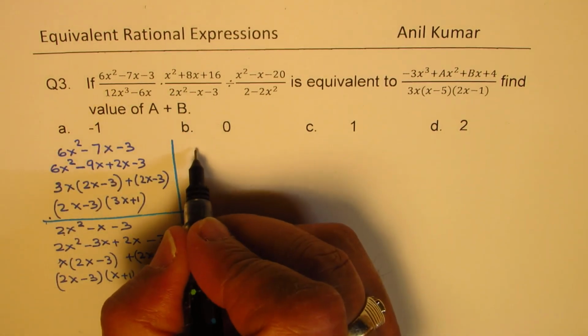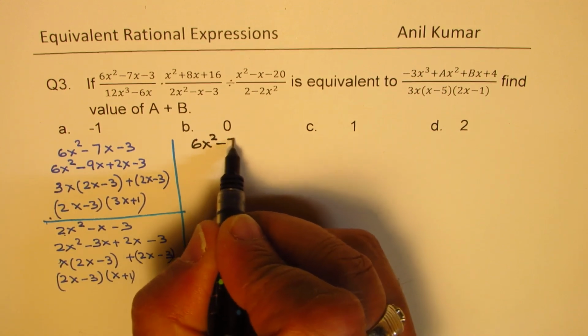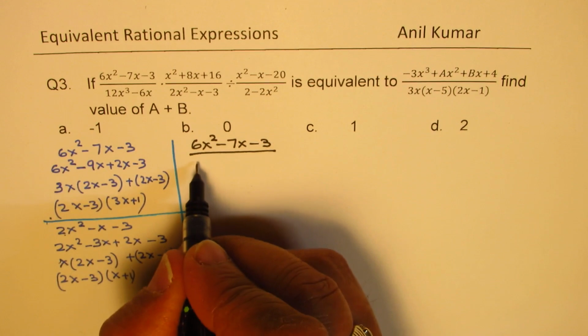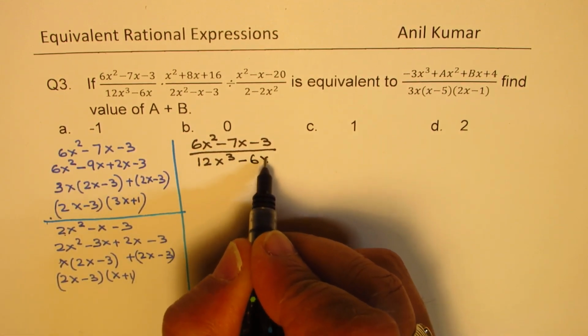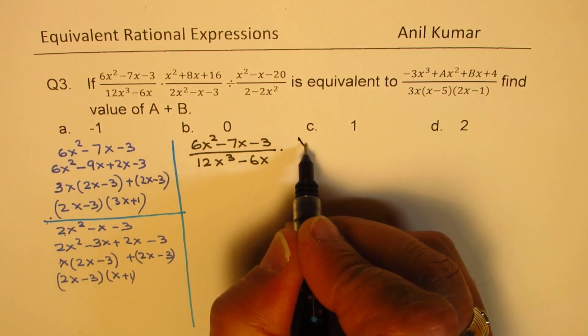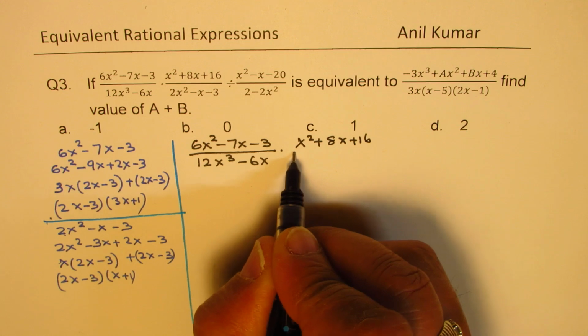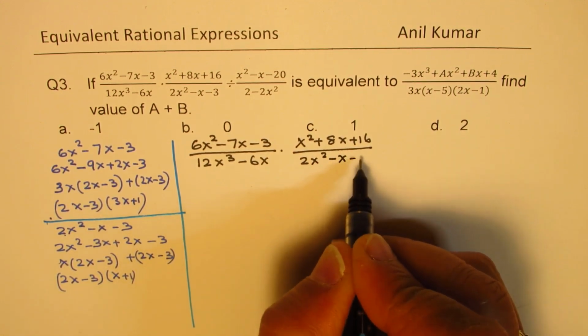So what we are given here is 6x squared minus 7x minus 3 over 12x cubed minus 6x, times x squared plus 8x plus 16 over 2x squared minus x minus 3.